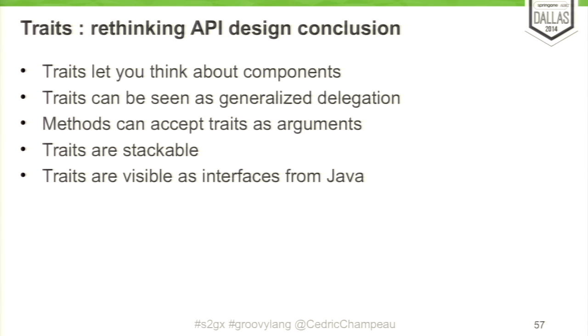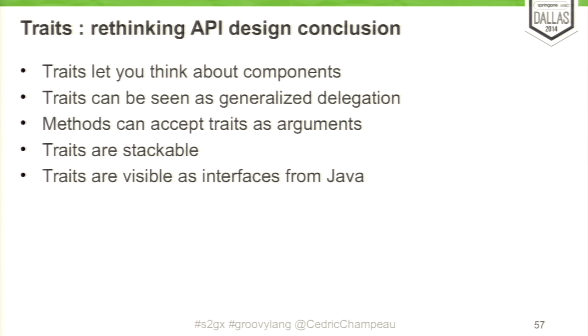Traits let you do some kind of general delegation, but delegation of all methods, actually. So it's the cleaner delegation model that we explained at the beginning of this talk. Traits are stackable. This is the last example that I have shown with super. This super keyword is very important in the design of new APIs.